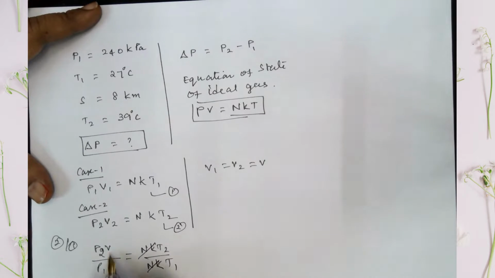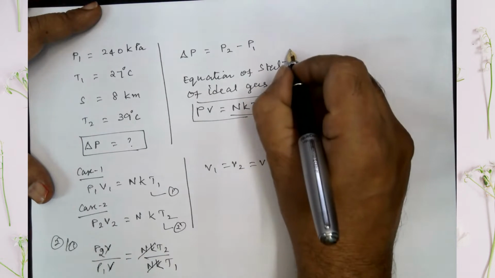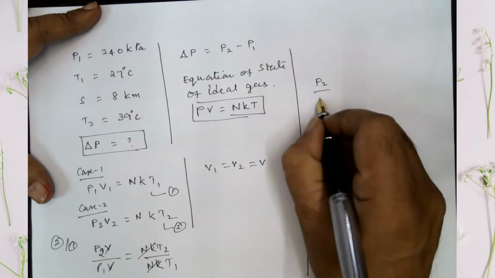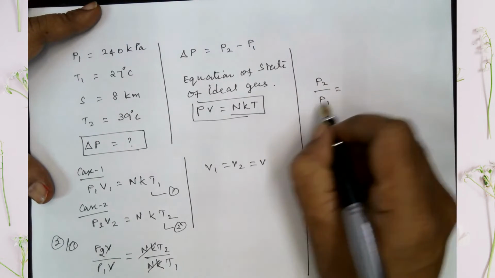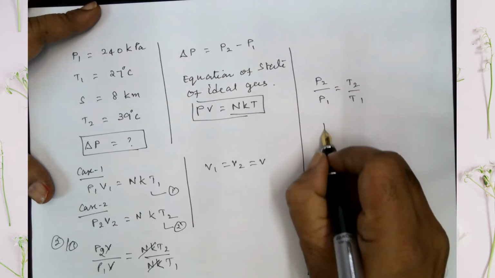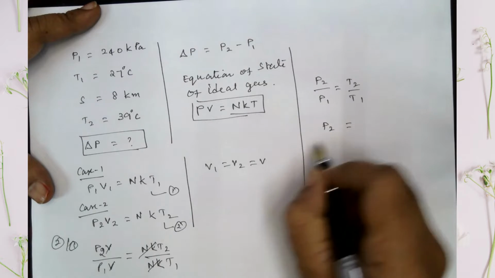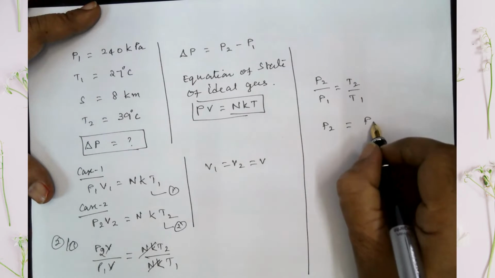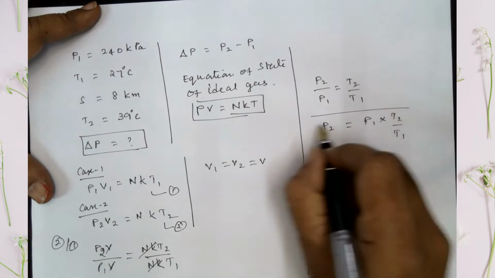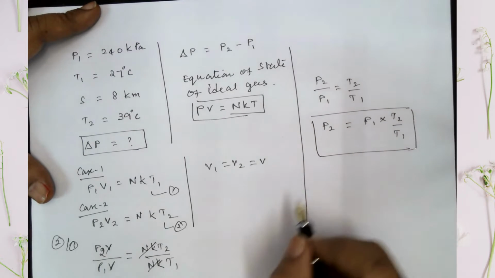So these can be cancelled. Now P2 by P1 is equal to T2 by T1. So we want P2, that is P1 into T2 by T1. So this is the formula to be applied.